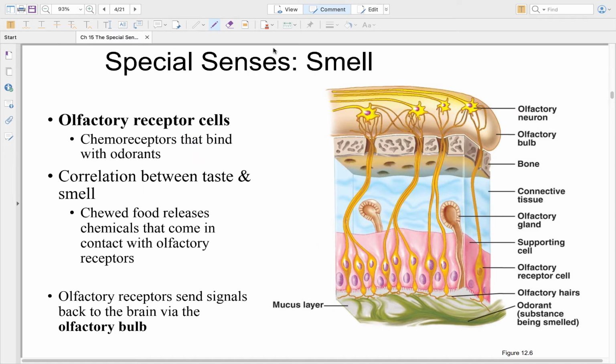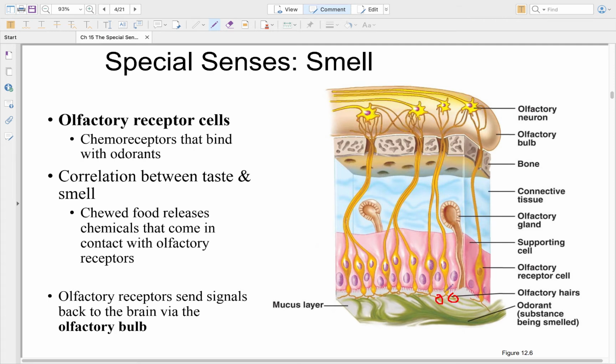Now this is a closer look at the olfactory bulb right here. Okay, you can see the bone, we can see connective tissue, and we can see the olfactory gland here, and then these are supporting cells. And if you keep going down, you'll see these little tiny olfactory hairs.